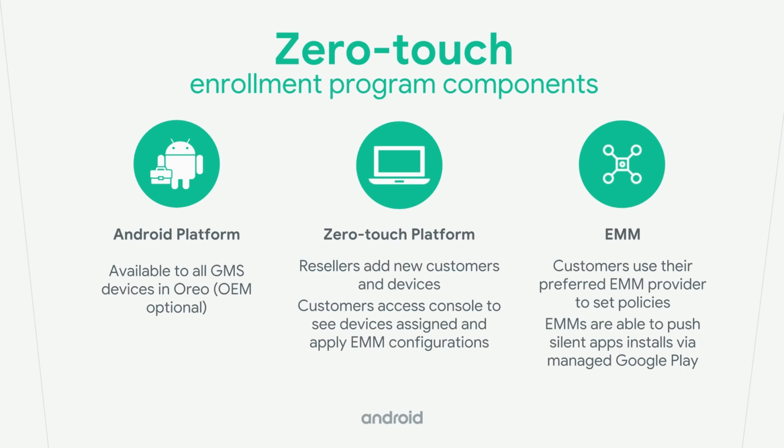And then on the customer side of the platform, they can access the console and assign those devices to have particular EMMs associated with them. The third pillar is the EMMs themselves. They have done integration to enable Zero Touch on their consoles so that the EMM that you use today can use Zero Touch as an enrollment process.